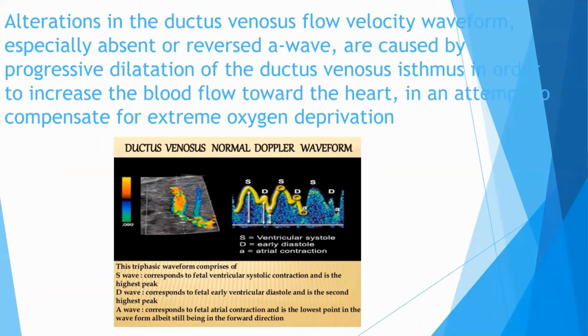There is this S, which corresponds to the ventricular systole, and then there's this D, which corresponds to the early diastole, and then there's this A, which shows the atrial contraction. So it's a triphasic waveform, as you can see.